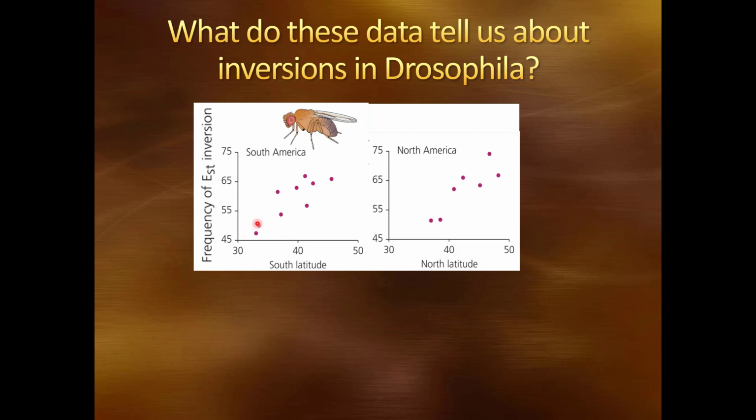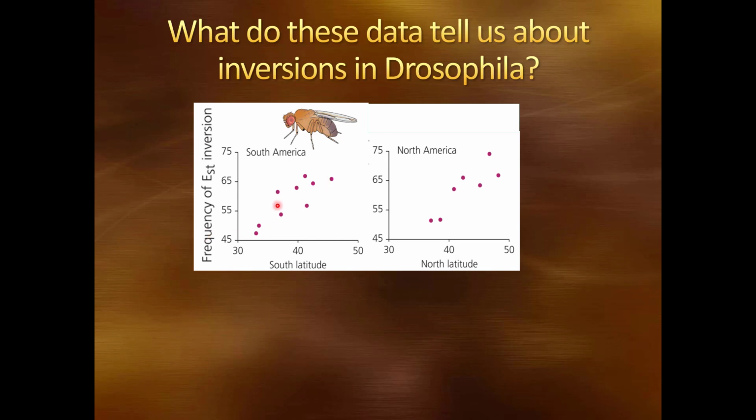And so we're looking at these different populations. What is the frequency of the inversion in that population? And then we're correlating it with latitude. If we increase latitude away from the equator, so we're moving away from the equator in the southern direction, or we're moving away from it in the northern direction, either way, what we see is a nice trend. We see a nice correlation between changes in latitude and the change in this inversion frequency.